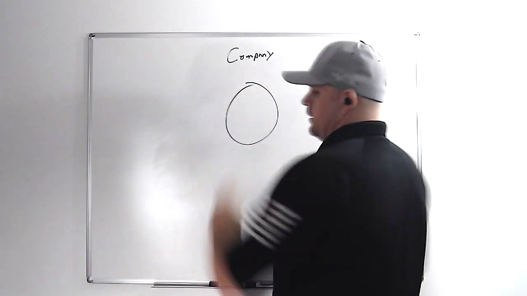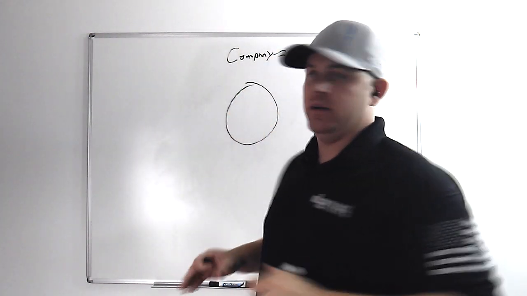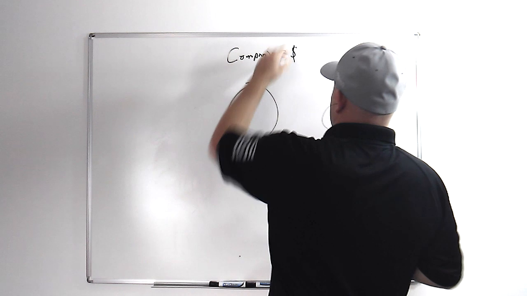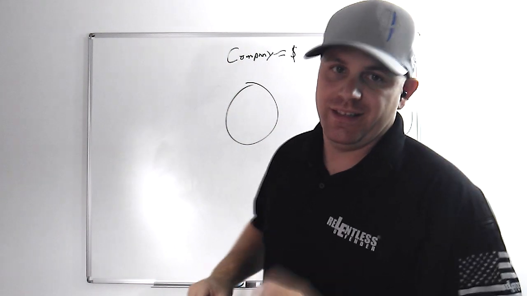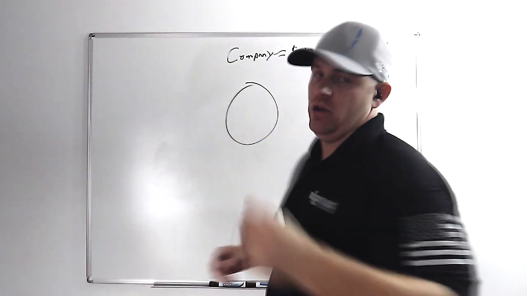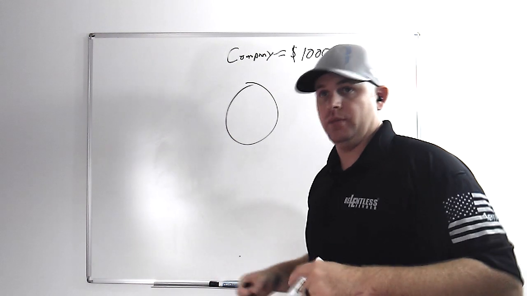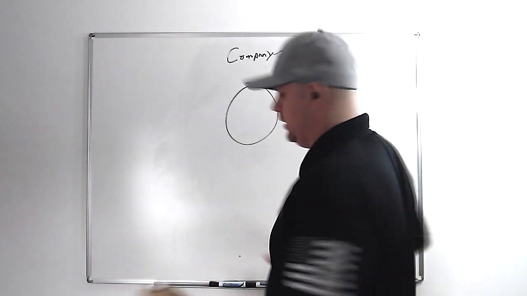This is the entire company model, right? You got a whole piece of the pie here. For a visual model, we'll say that the company is worth $1,000. Now, the owner would give up his 50% and throw in 50%, which would be $500.